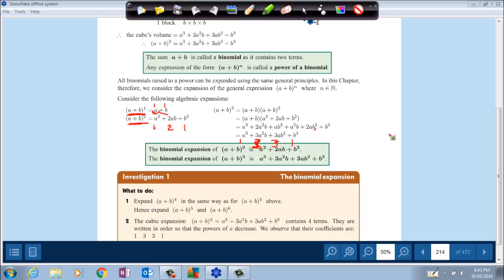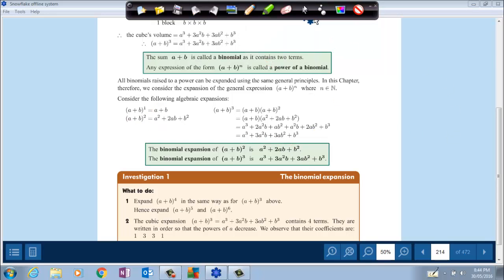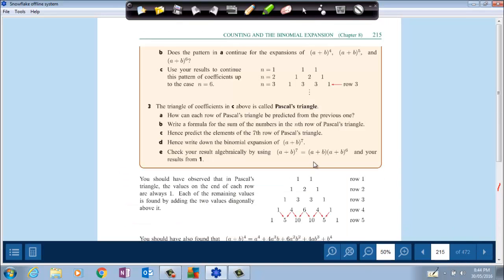In general, we can actually have a pattern for these coefficients. If we look over to the next page, you can see that here are the coefficients we just worked out. There's 1 and 1, then there was 1, 2, 1, and then the next was 1, 3, 3, 1.